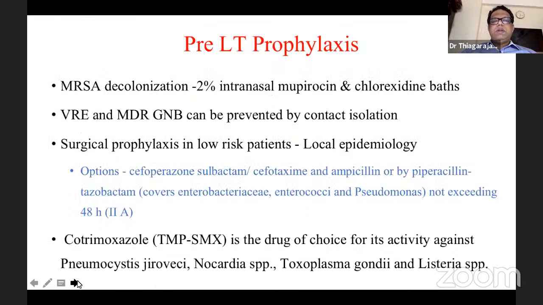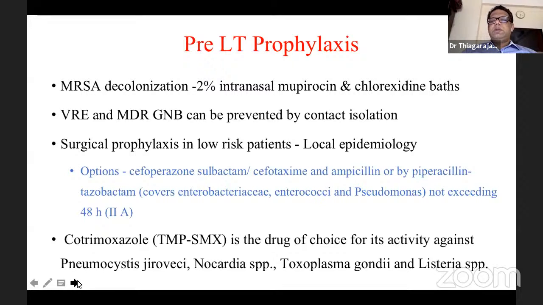When the patients go for surgery, it's important to decolonize them if they are colonized for MRSA. Contact isolation is very important for VREs and MDR gram-negative bacilli. The commonest antibiotic prophylaxis we use is either Magnex, cefoperazone sulbactam, or piperacillin tazobactam, only for 48 hours just before the surgery.